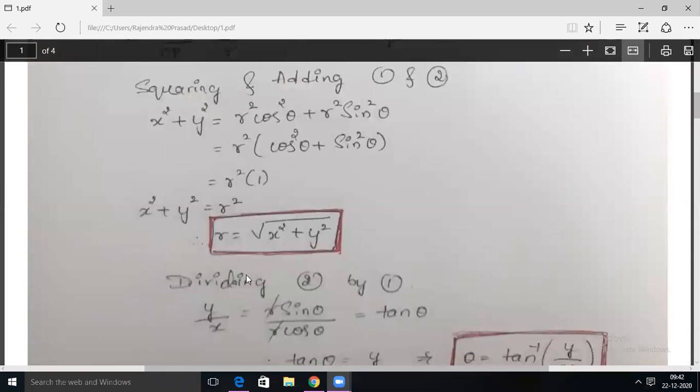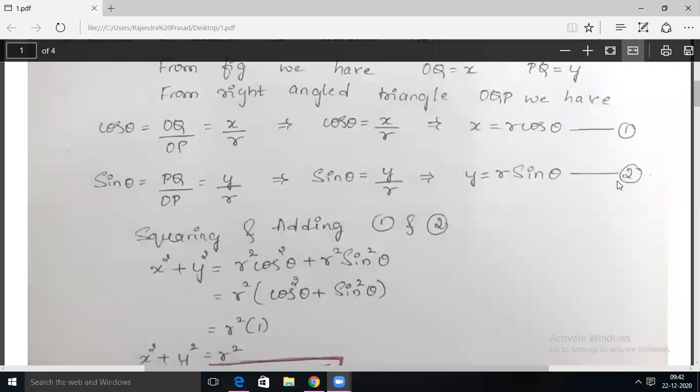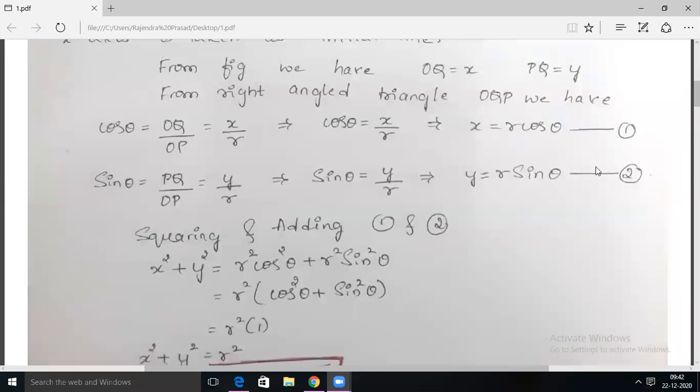Next, dividing equation number 2 by 1. Dividing 2 by 1, we get y by x equals r sin theta upon r cos theta. We divide the left hand side and the right hand side.